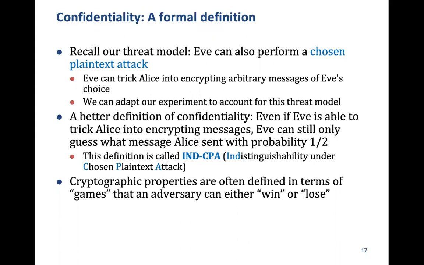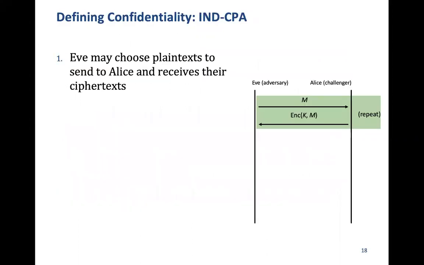If the probability of guessing is exactly half, we say Alice has won. If the probability of guessing is more than half, then we say Eve has won. Now let's see this in terms of a diagram.